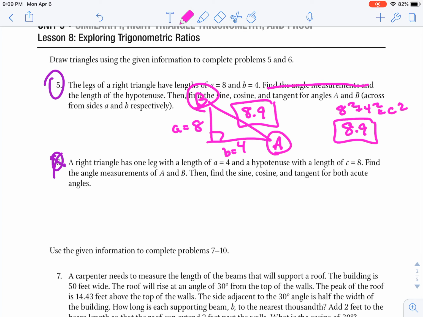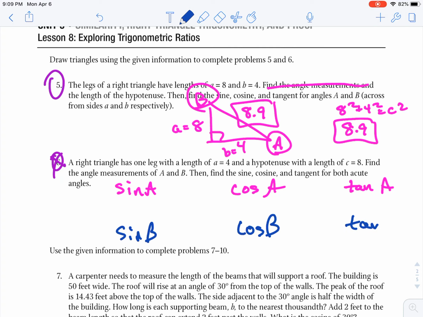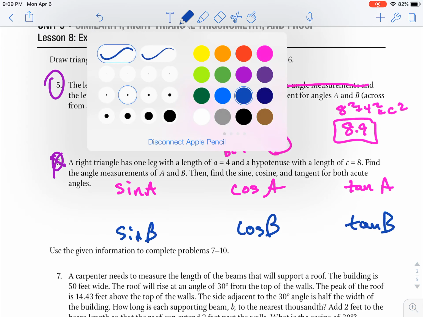So we're actually going to do like 6 problems: sine of A, cosine of A, tangent of A, and then we'll do it again: sine of B, cosine of B, tangent of B. I just need the fractions. That's all I got to do.